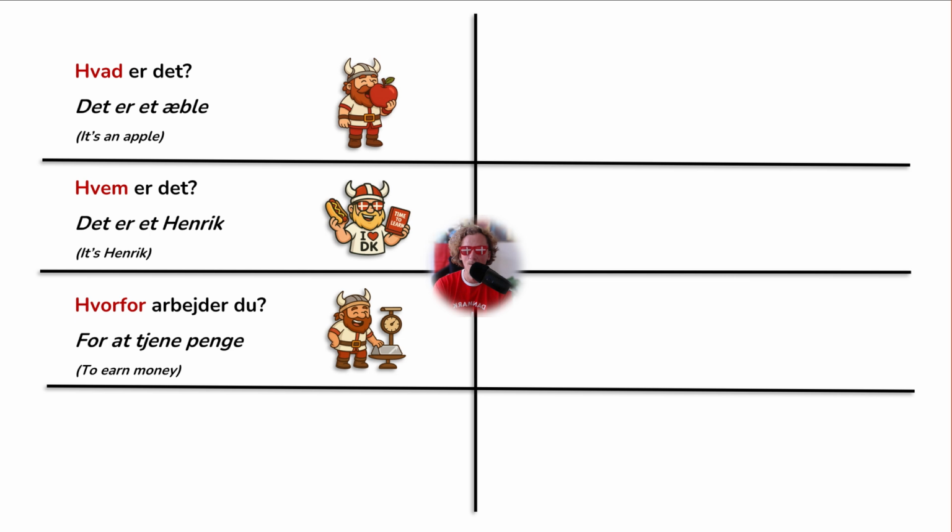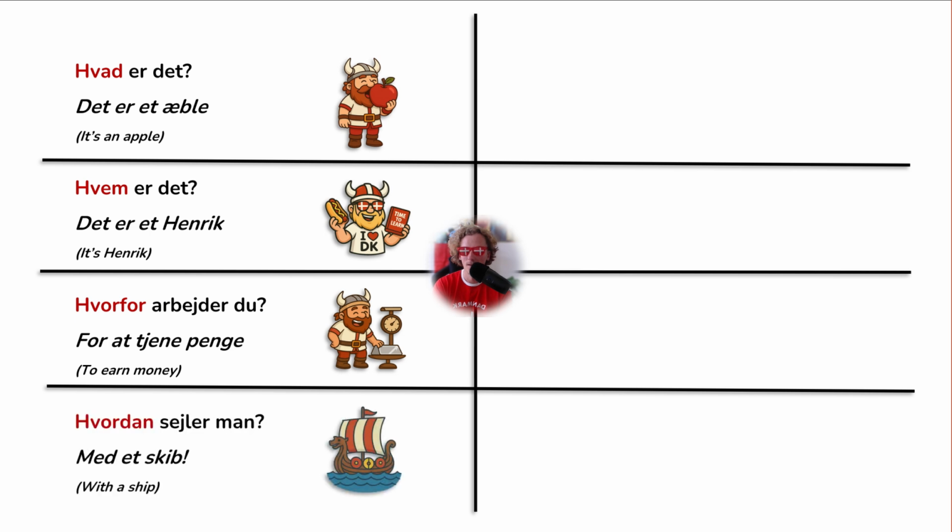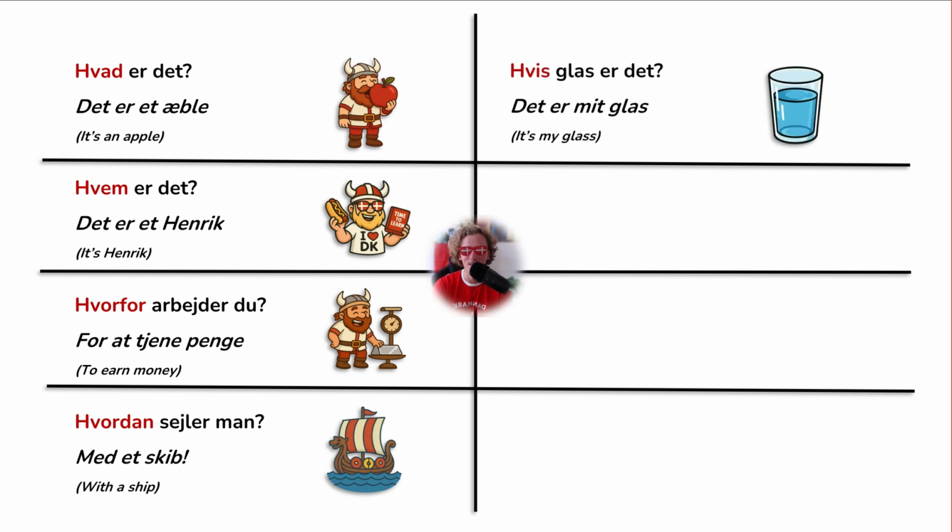Hvorfor arbejder du? For at tjene penge. In order to earn money. Hvordan sejler man? Med et skib. With a ship. Hvis glas er det? Det er mit glas. It's my glass.